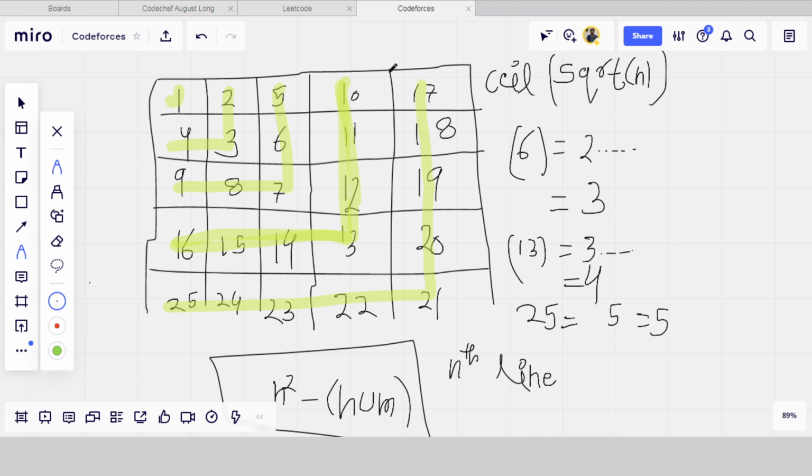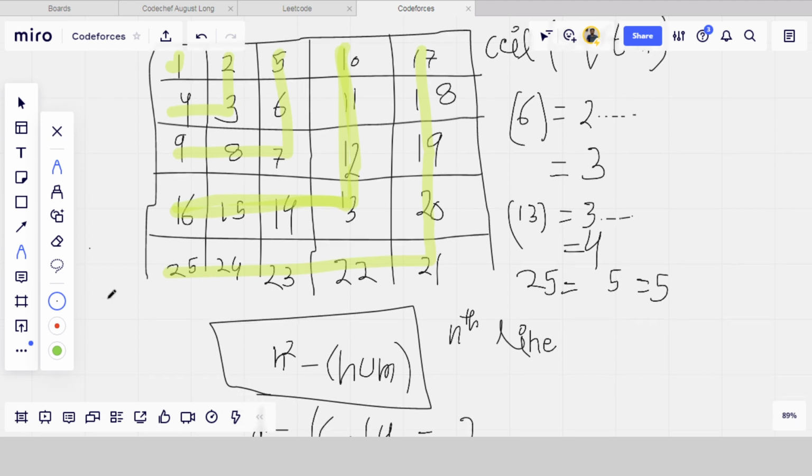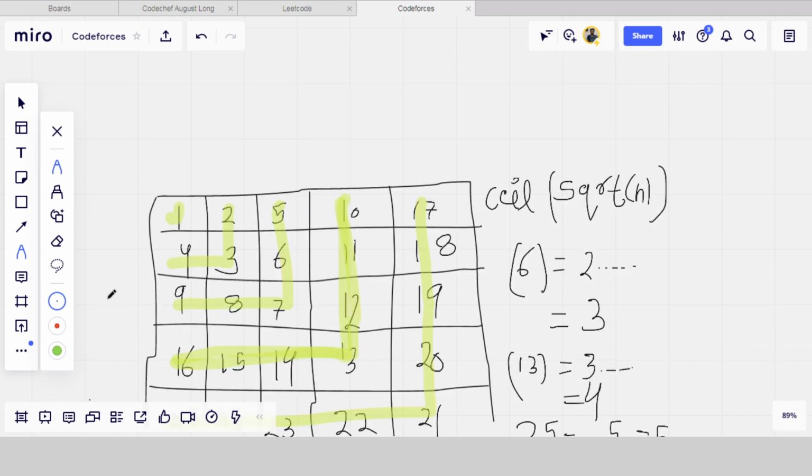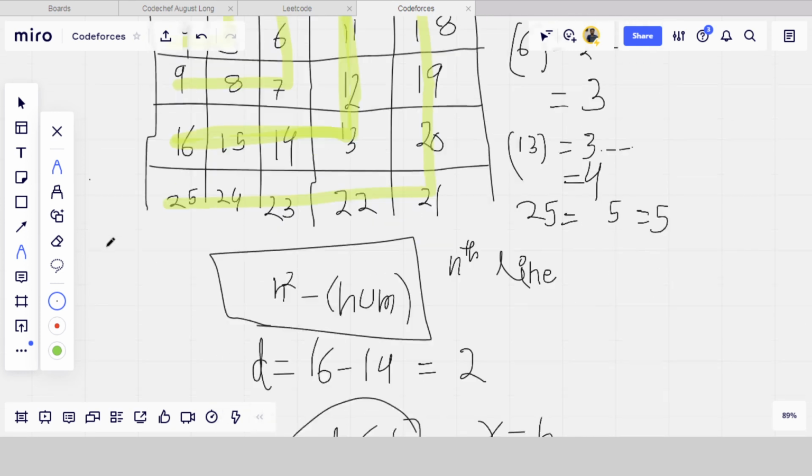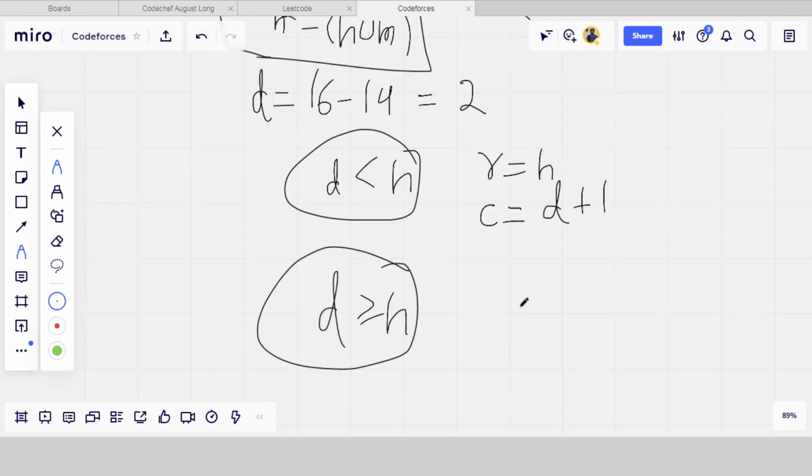For these numbers, the value of column will be the same as the L. Like if 10 lies on the fourth L, then it lies on the fourth column. If 18, 17, 19 lie on the fifth L, then the value of column for 17, 18, 19 is 5. You can see, and then we have to find the row. So if d is greater than or equal to n, then the value of column is n.